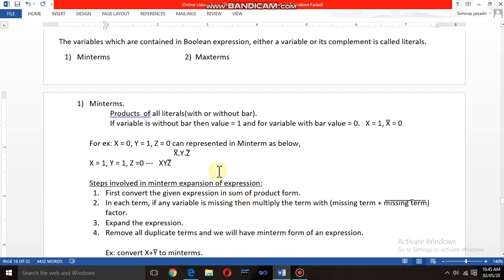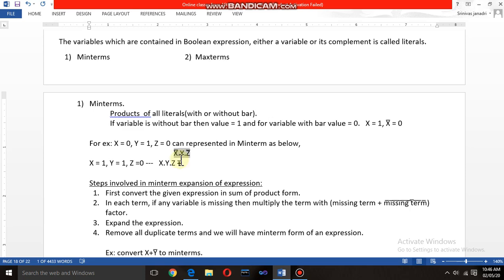For example, this is one min term and this is another min term. If these two make up an expression, then you have to convert it into the sum of all products.